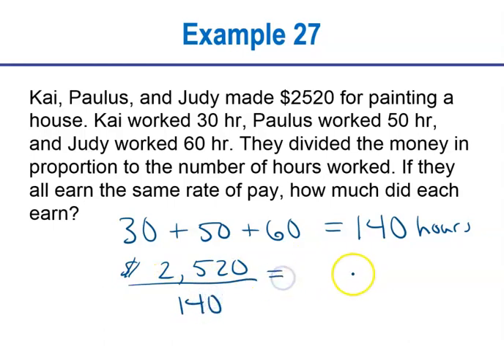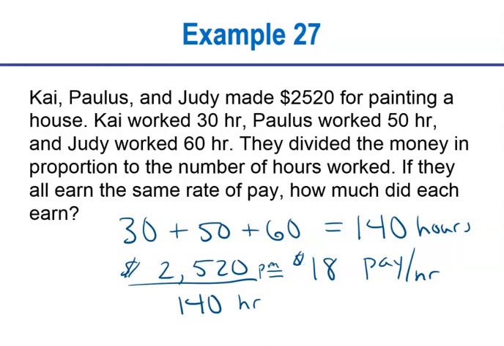And we can find out your pay per hour, right? Because we have pay on top and hours on the bottom. That's our rate, pay per hour. And we might as well just start using these decimals because we're dealing with money. So I've got 2,520. We're going to divide that by 140, and I get $18 of pay per hour.